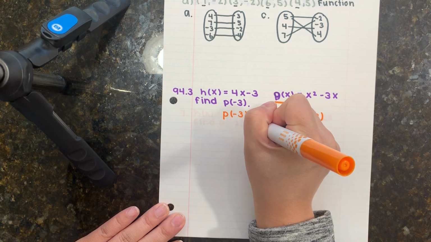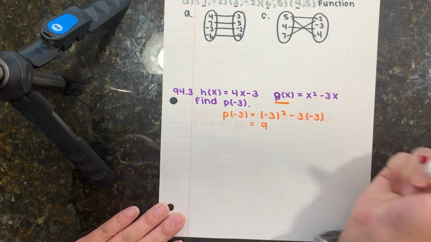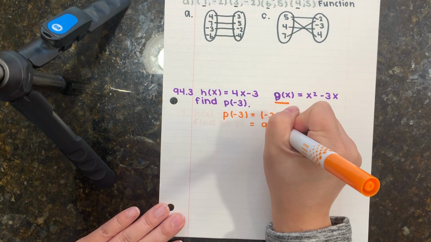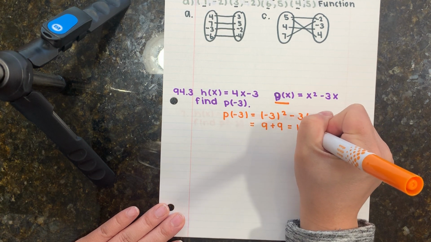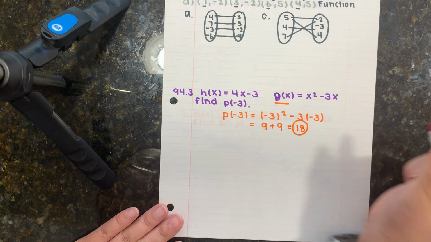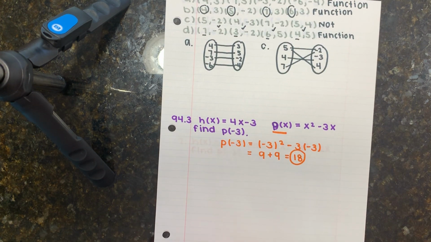So -3 squared is going to give us +9. -3 times -3 is +9 as well, which means that my result is going to just be 18. Now they gave us h of x just to throw you off because you actually don't even need to use that function. You only needed to use the p function.